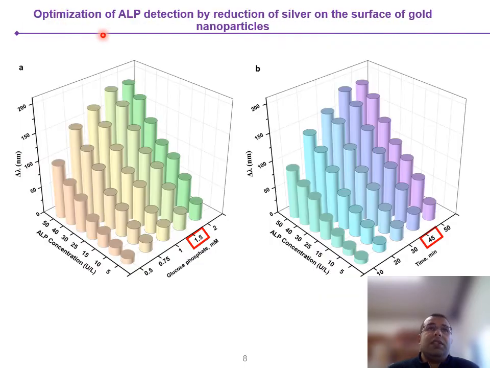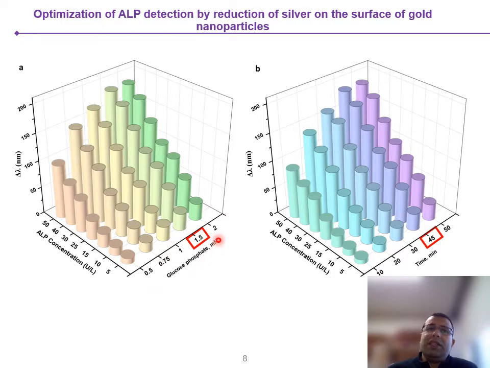This is the optimization of ALB detection by reduction of silver on the surface of gold nanoparticles. So there are two items. The first one is glucose phosphate, the second one is the incubation time between ALB and glucose phosphate.